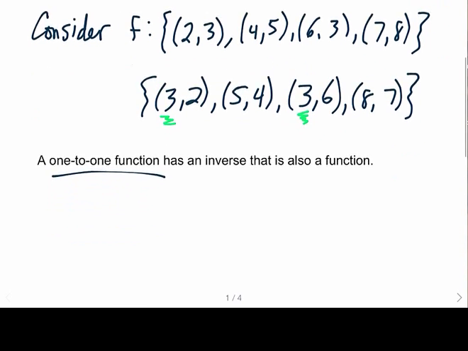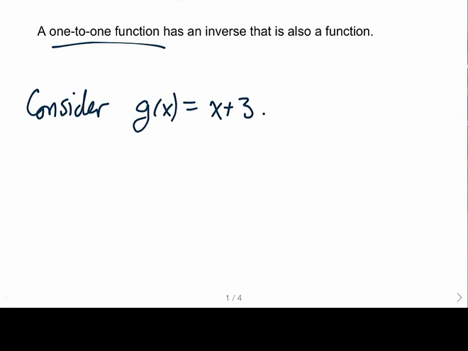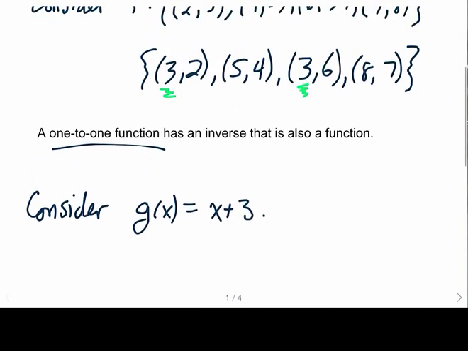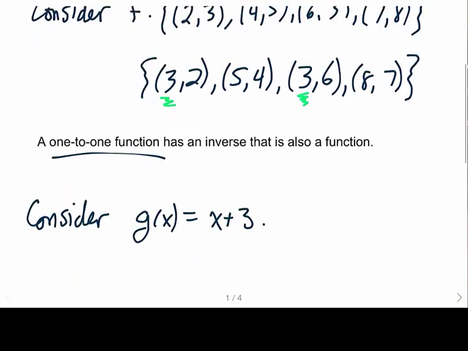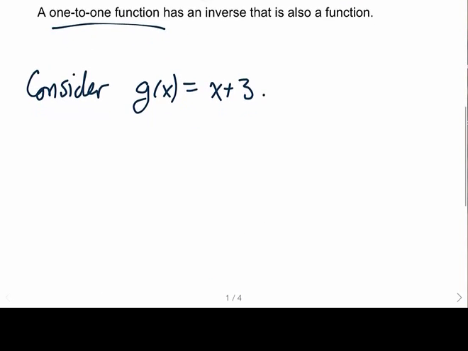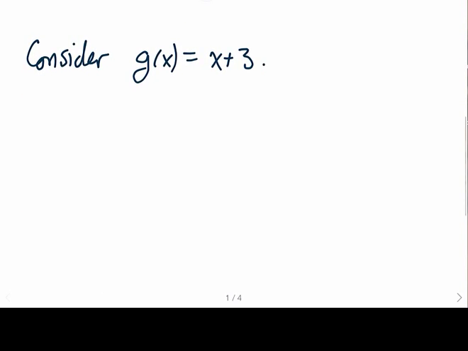Let's consider another function. Let's consider g of x is equal to x plus 3. I want to look at this through the lens of the inverse of a function undoing what the function does. Since g of x is x plus 3, it could be said that g adds 3 to any input. And so to undo adding 3, what we would need is a function that subtracts 3.